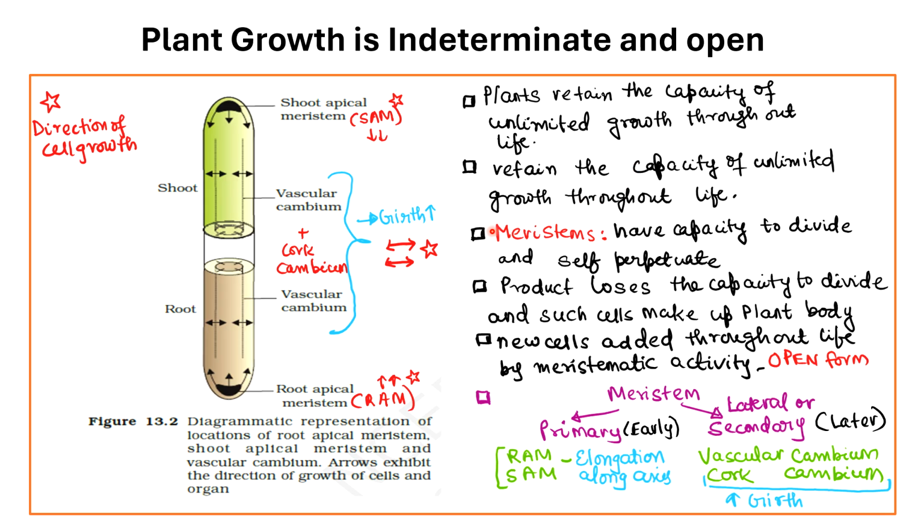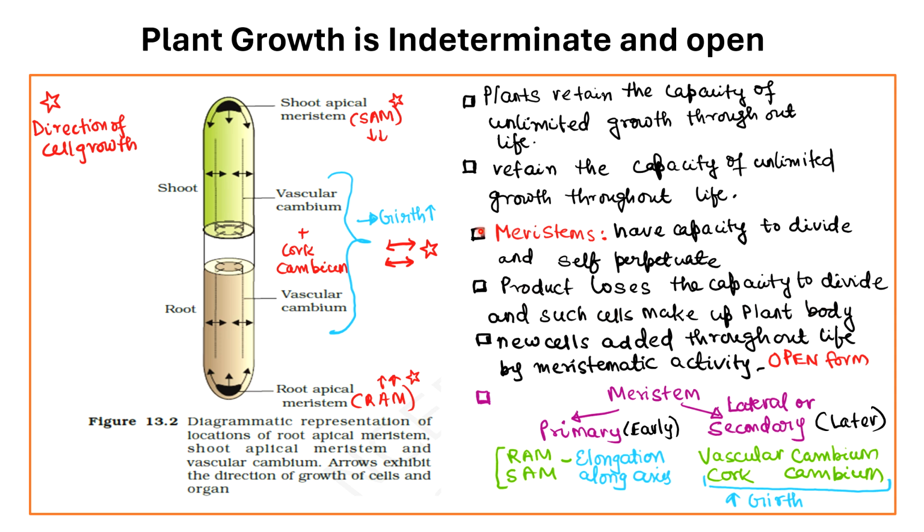Now this is possible because plants have specialized cells called meristematic cells, which have the capacity to divide and self-perpetuate. That is, they can keep on dividing and forming new cells. And the products of these meristematic cells often lose the capacity to divide, become specialized and perform specific functions, right?